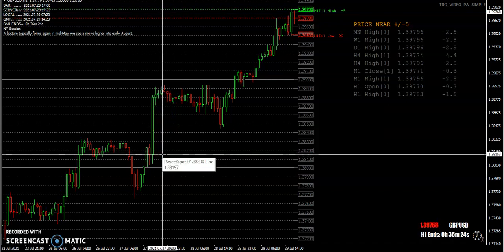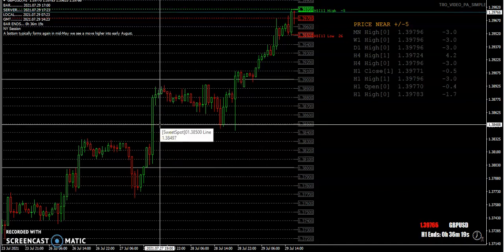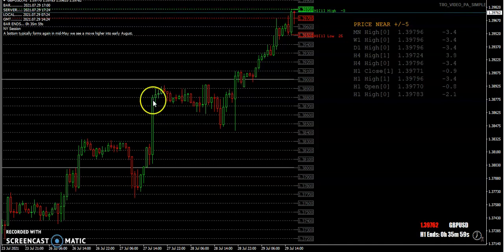Walmart says he looks for price to get to about the 50% level of this bar. So 82 minus 5 is 77. Cut that in half, that's about 37, 38. 38 and 5 is 43.